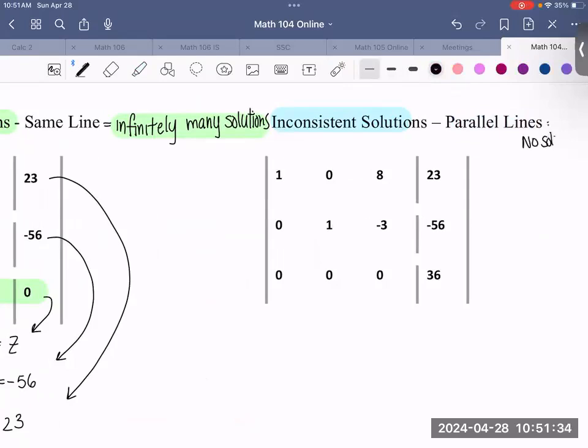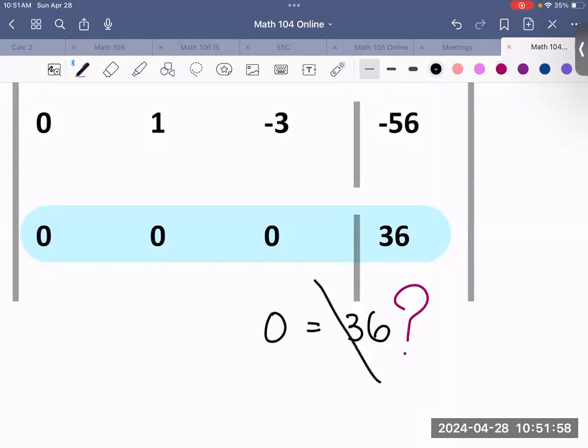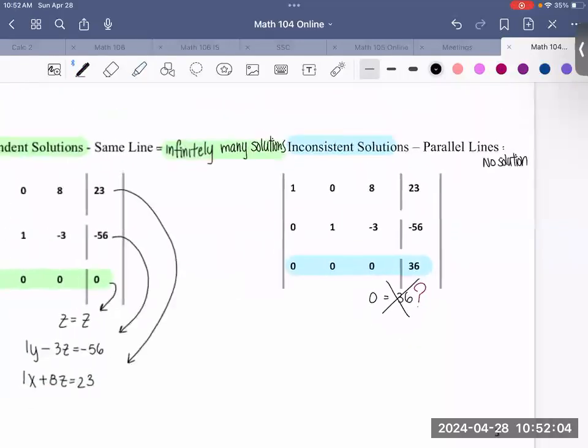And you'll notice that how to determine it's no solution is to have something like the below here, where we have 0 is equal to 36. Is that a true statement? No, it is not true. It does not mean much of anything. So if you see that in the future, that just means no solution.